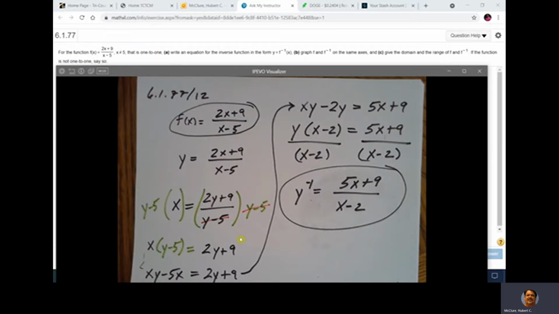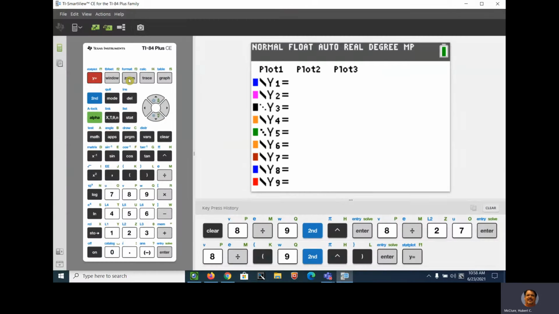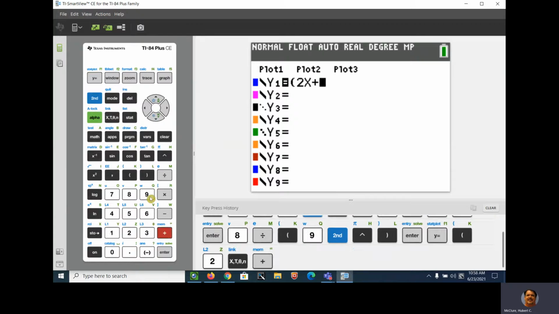So let's see what they look like when you type them in the calculator, because that's the next thing I would ask. So y is equal to 2x plus 9 divided by parentheses x minus 5.